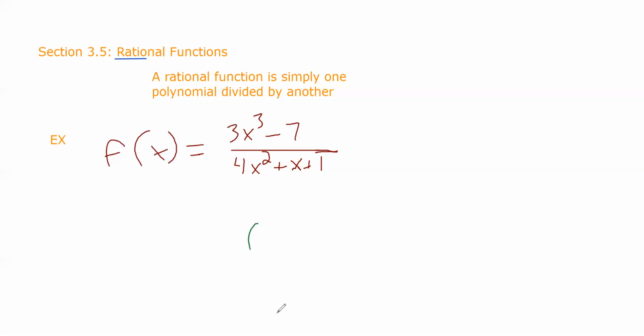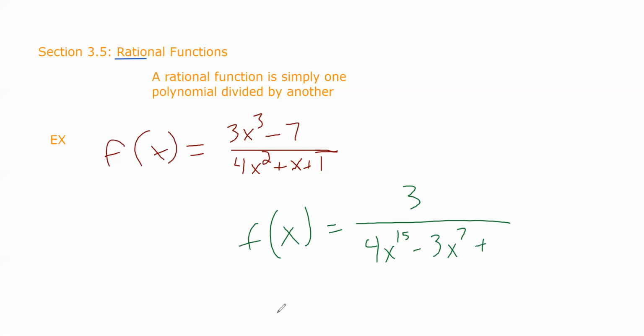And so it doesn't take a lot of imagination to start really generating some rational functions. Oh, a 15th degree polynomial on top, and then on bottom you have a 15th degree polynomial. On top, you just have the number 3, which is just a constant.